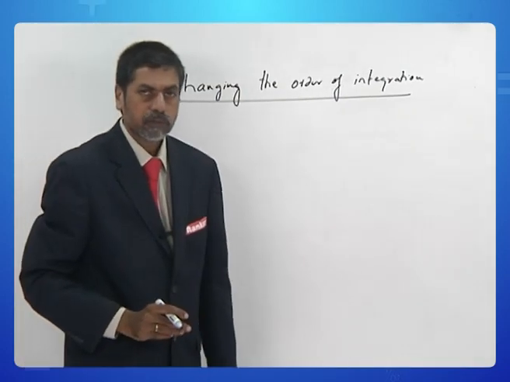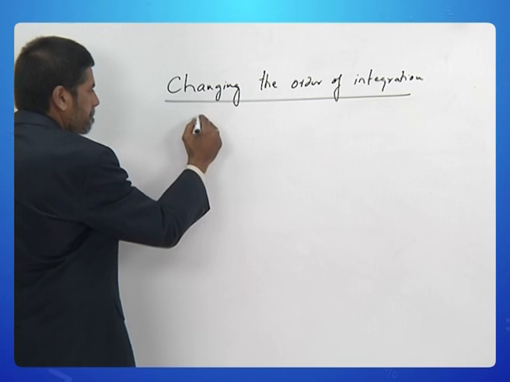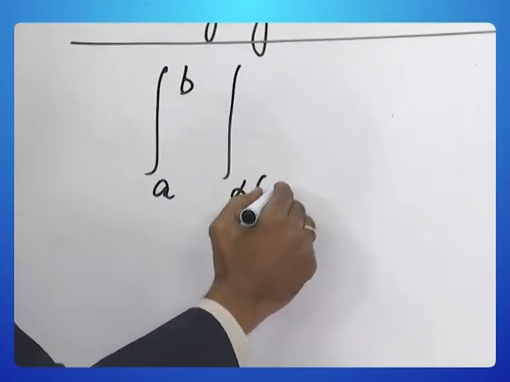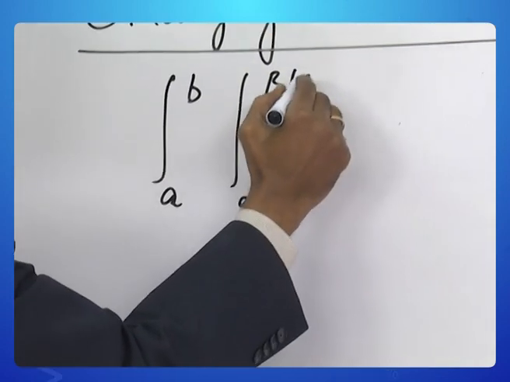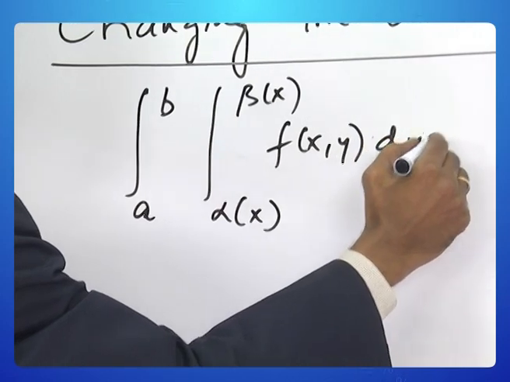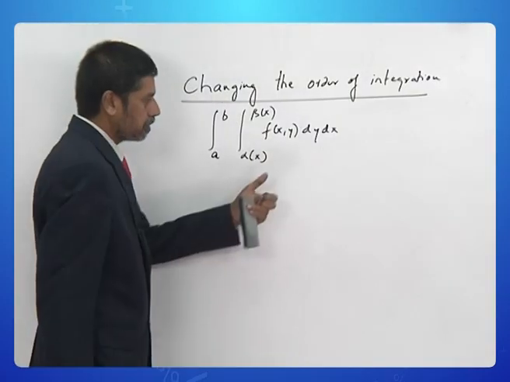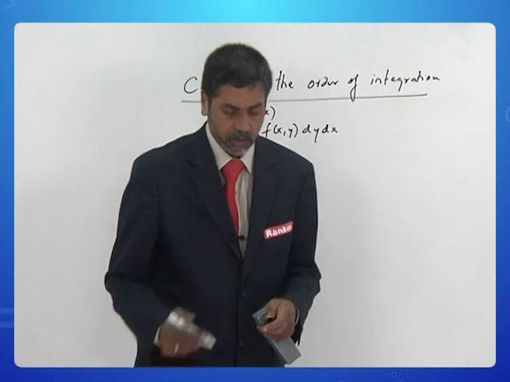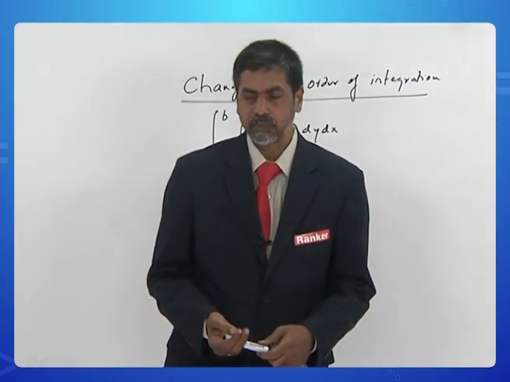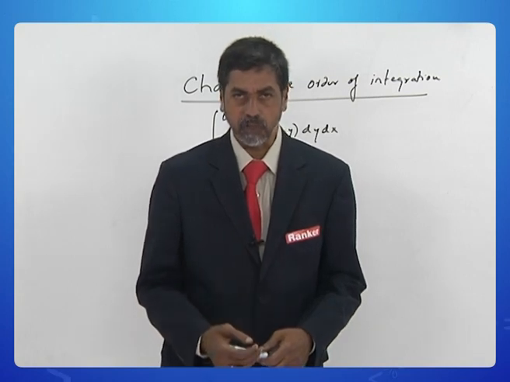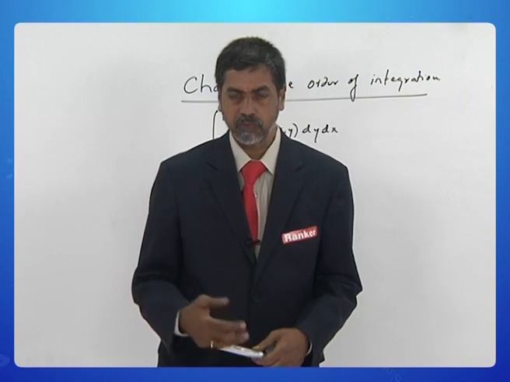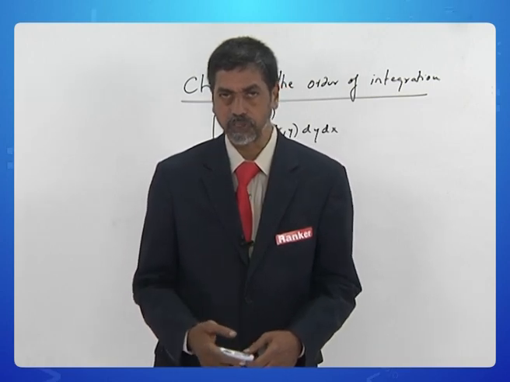Well, here the problem is, this can be the actual problem. Now, changing the order of integration sometimes becomes necessary because you cannot start the integration at all, as you will see in some of the examples I am going to teach you.